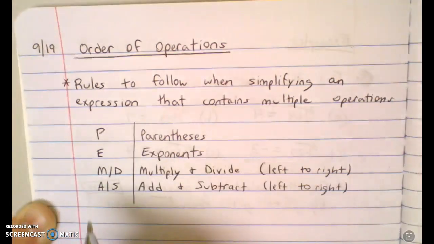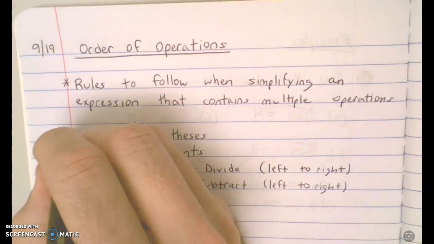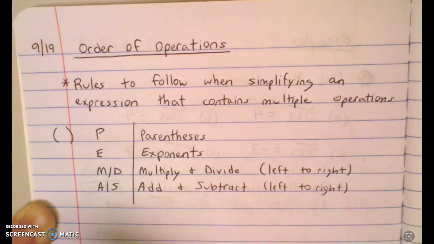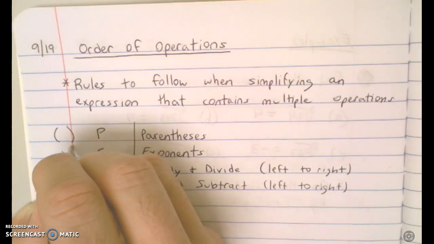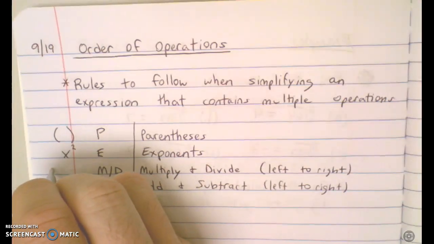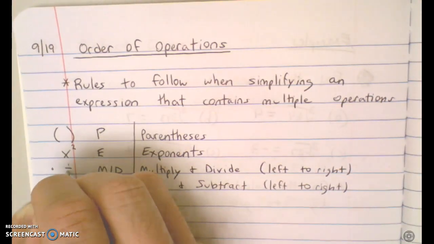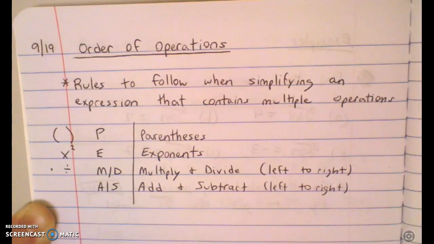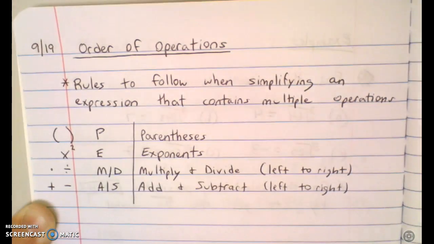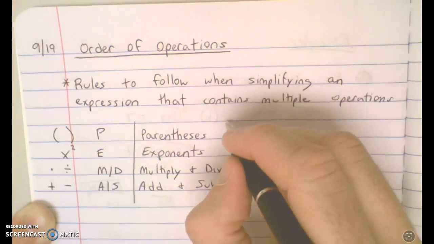So the symbols for these things, I'm going to put parentheses on the side. Exponents are what we just worked on in Unit 1 with a little 2. Multiplying and dividing is when you have the times symbol or the dot. And adding, subtracting is plus minus. Some other symbols you might see would be brackets.